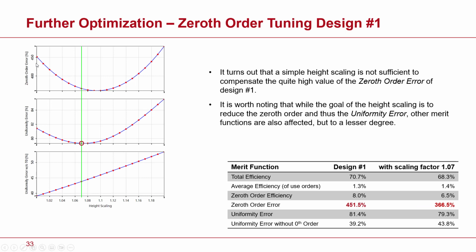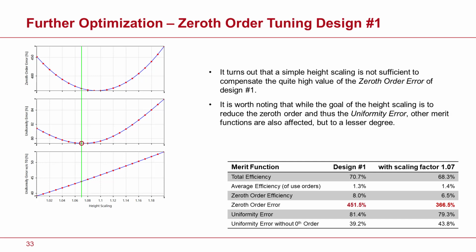And so these curves, for example, are the result of a parameter run in virtual lab fusion, and we're plotting three of those merit functions that we implemented in the programmable grating analyzer. So the 0th order error, for example, the uniformity error, and the uniformity error without that 0th order. And the abscissa in this case is the height scaling.